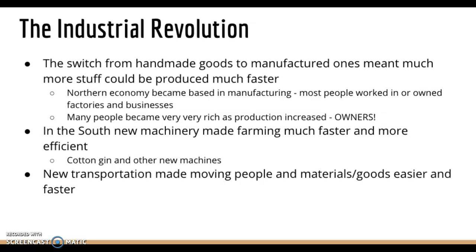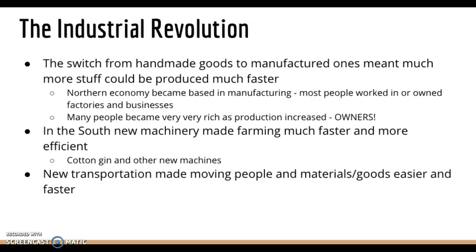So in the North, this really turned the Northern economy into a manufacturing economy. The economy was based on factories, on producing goods, on changing raw materials into usable goods. And one group of people, the owners, became super rich during this time of production.